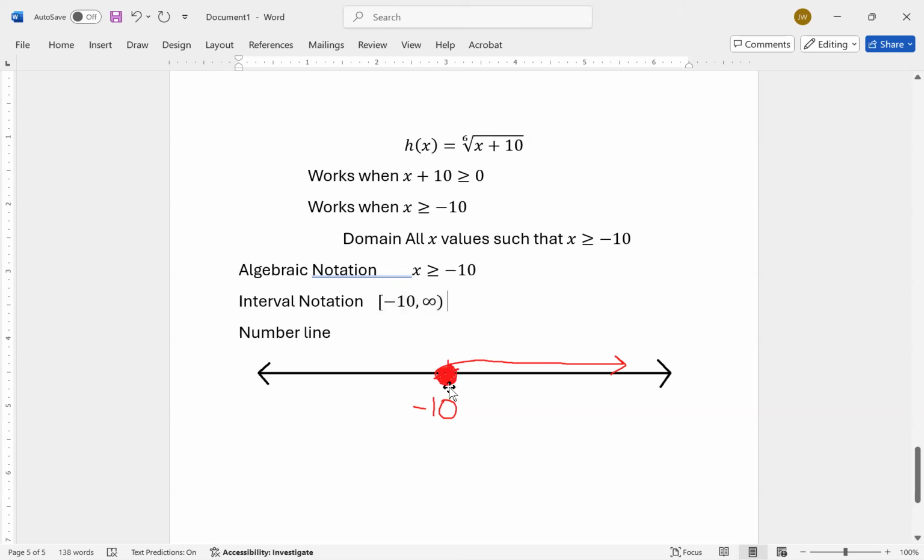Again, that's because I can plug in -10 and have it work. And then I can't plug in infinity because infinity is the idea going on forever. Infinity is not a real number. So there you go. That's the entirety of the interval notation and the number line.